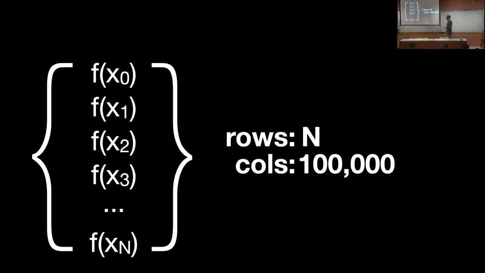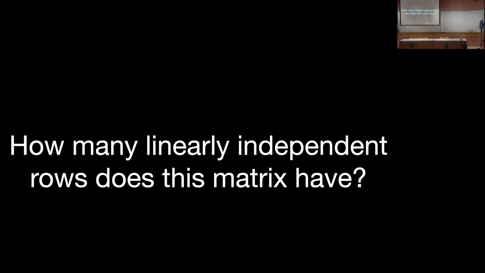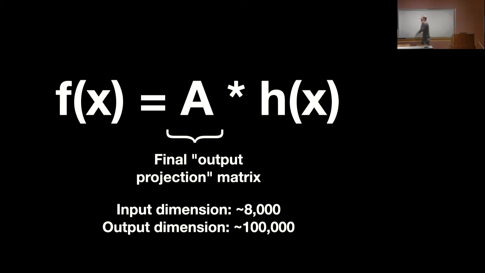Okay, so now here's the linear algebra question. Suppose that n was big, I don't know, not 100,000, but pretty big. How many linearly independent rows does this matrix have? The size of the last layer. Yeah, well, why? Tell me. Yeah, so this is linear, right?